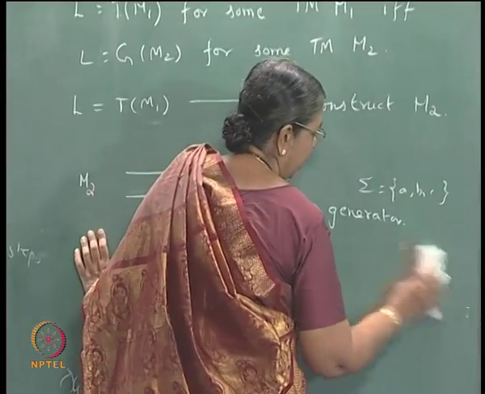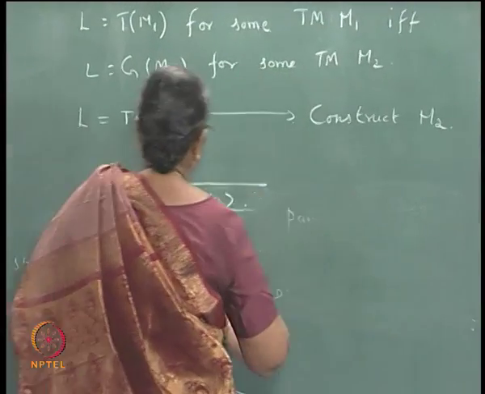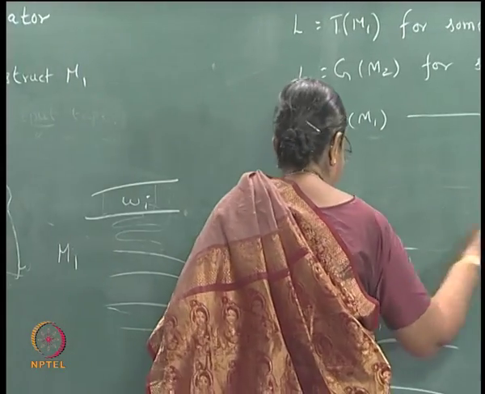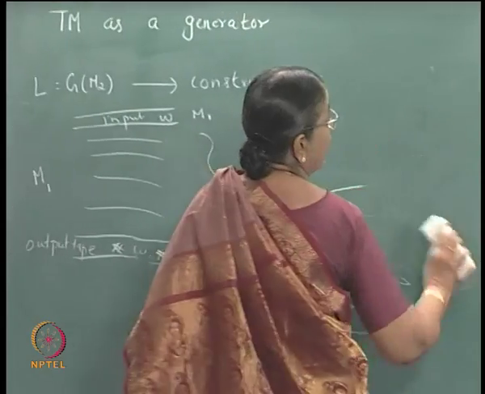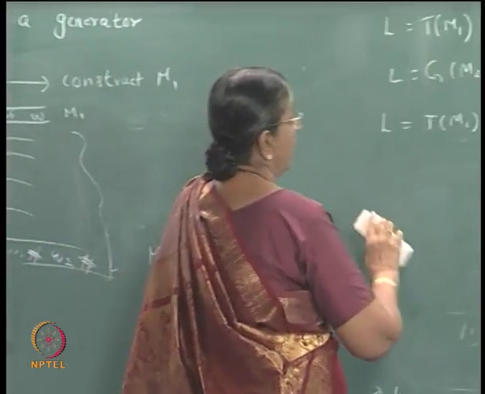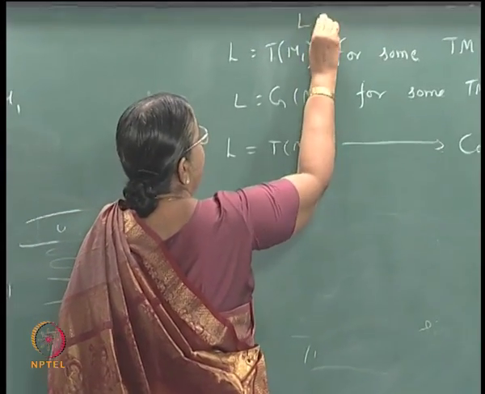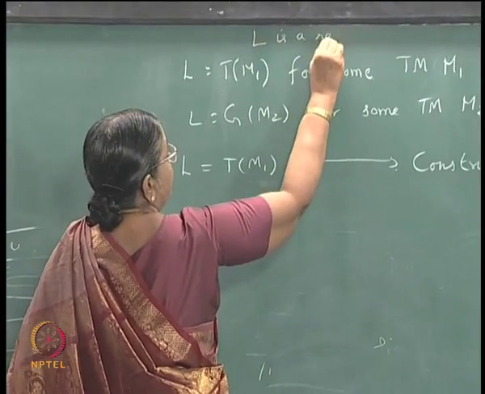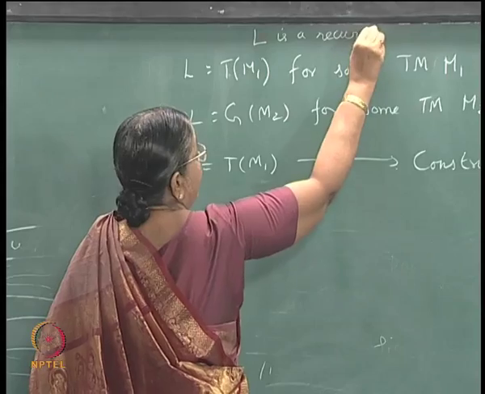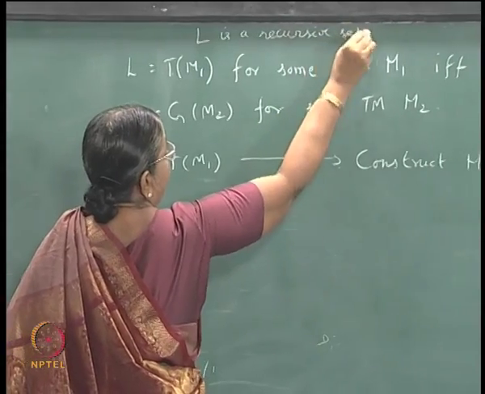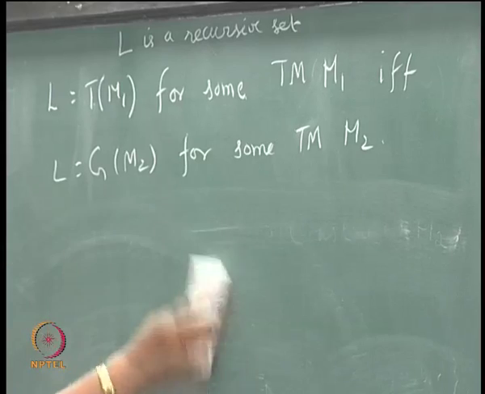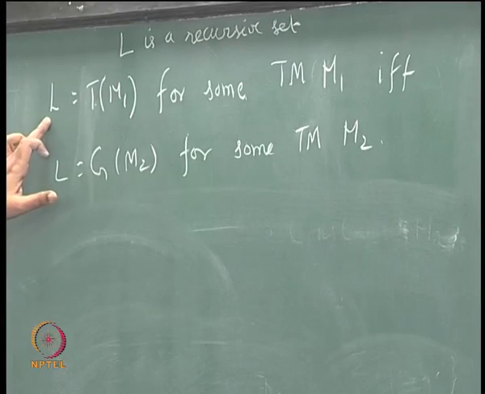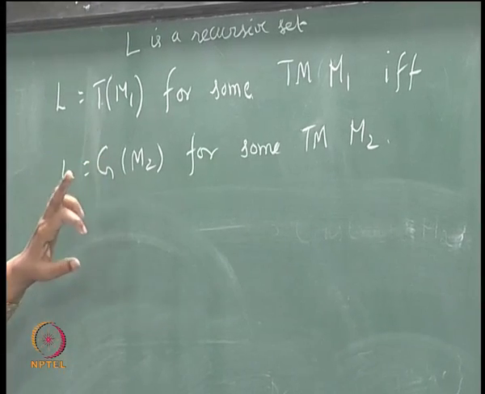Now, in this term we can also have a nice characterization for recursive sets. Suppose L is a recursive set, then L is equal to T of M1 for some Turing machine M1.